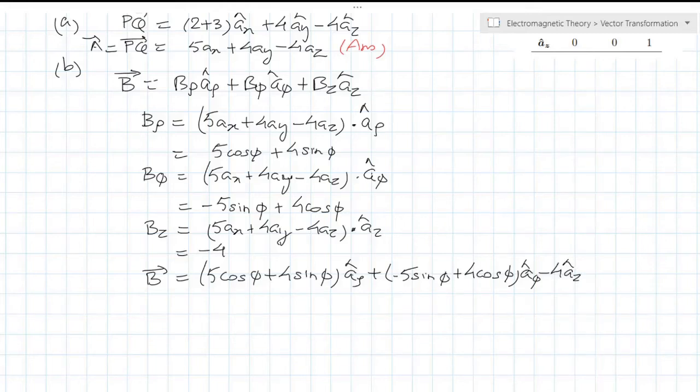So this is our second answer. The second part was asking us to convert everything into the cylindrical coordinate system. Now let us start the C part.